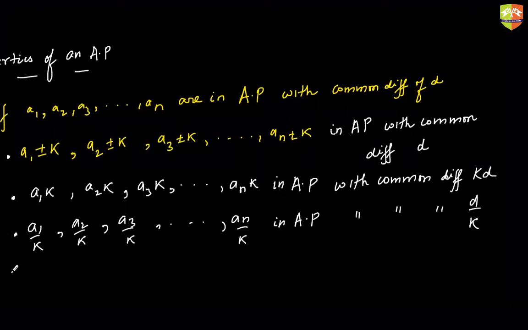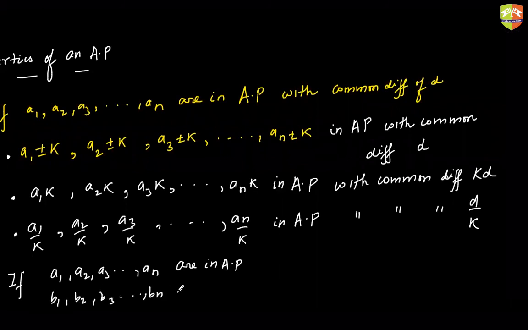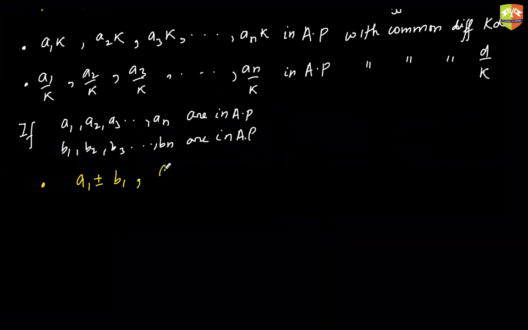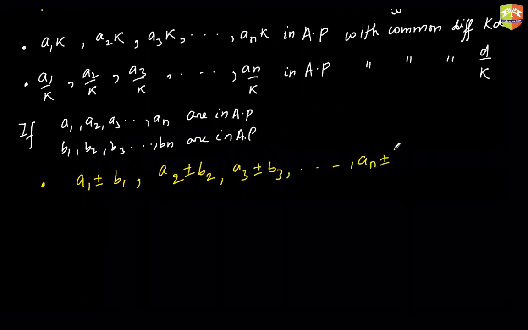Next property is, if A1, A2, A3 till AN are in AP, and B1, B2, B3 till BN are also in another AP, so let's say there are two APs, then please note that if you add or subtract the corresponding terms, this will still be in AP.